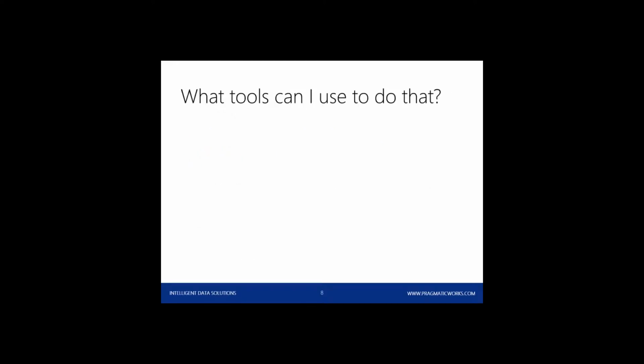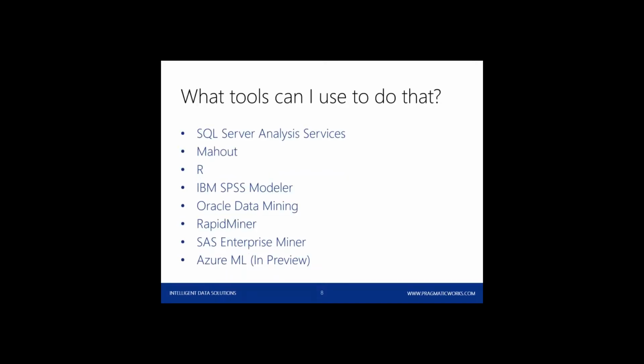So what kind of tools can you use in this space for data mining? As you can imagine, there's a multitude of tools. For instance, there's Analysis Services. Not a lot of people are aware of that, but in your Analysis Services installation, specifically Enterprise, you have the ability to set up data mining models within your Analysis Services instance to do some of these basic analyses, like decision trees, neural network, naive Bayes.